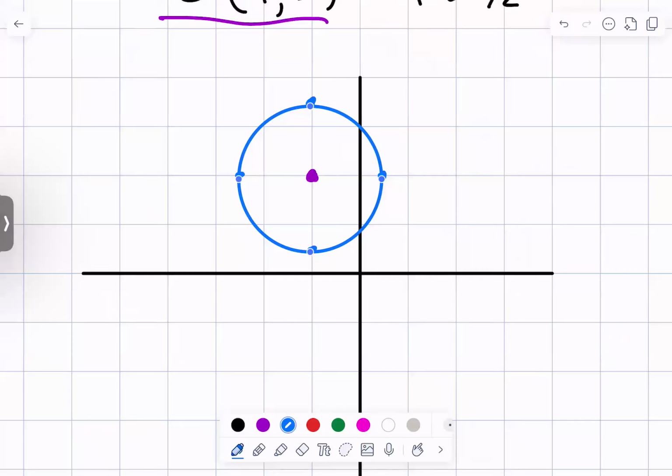And this program does it for me. That makes sense? So I don't care, and no teacher would care about how good the circle is, unless you have a protractor or a compass to do it. Just try your best to make it look like a perfect circle.